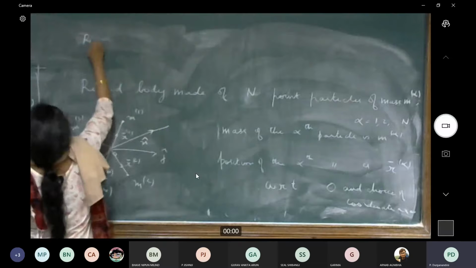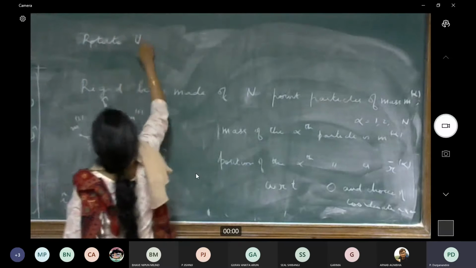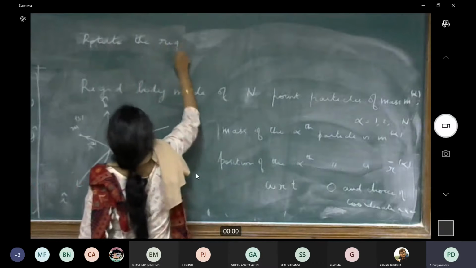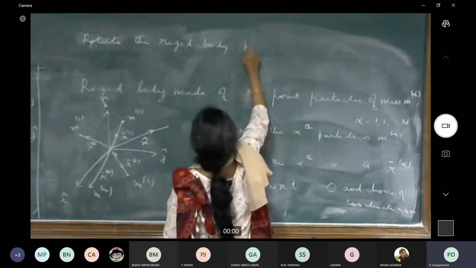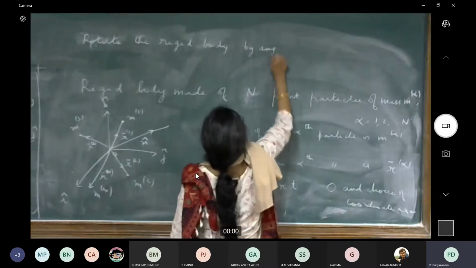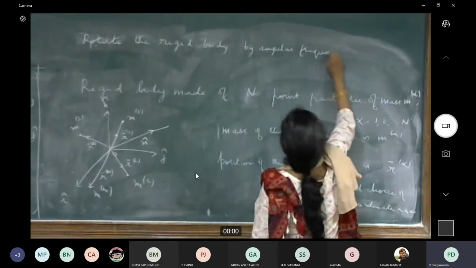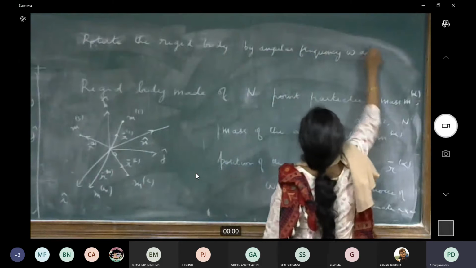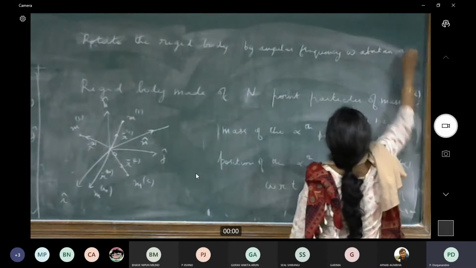So you rotate it by angular frequency omega about an axis n.